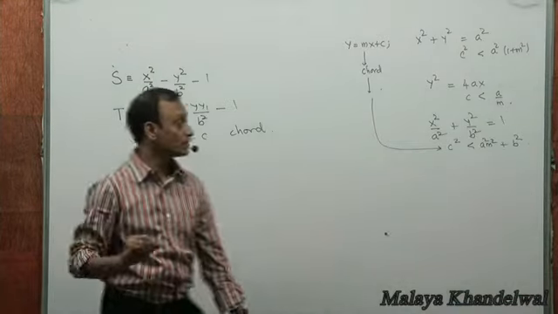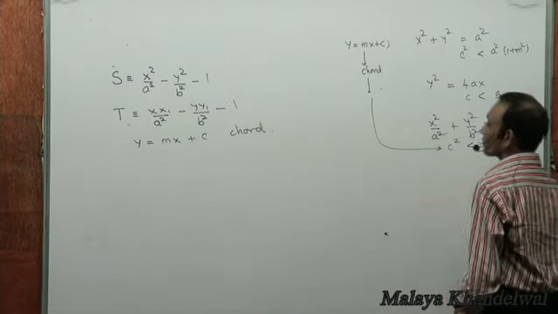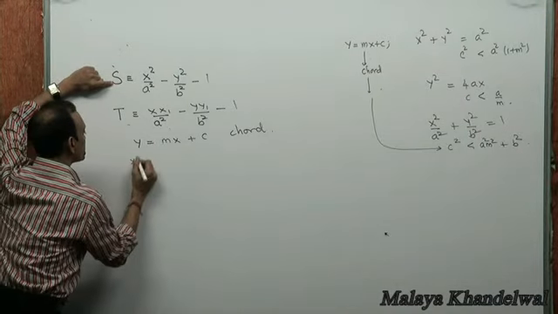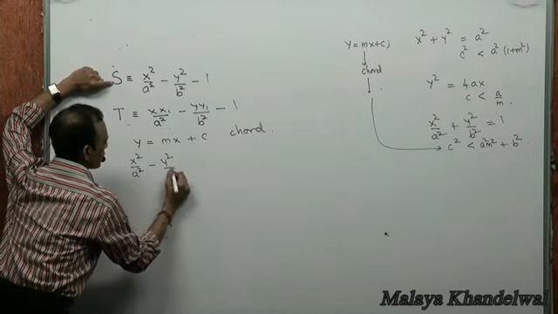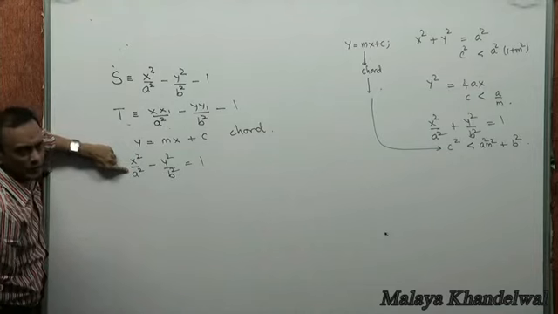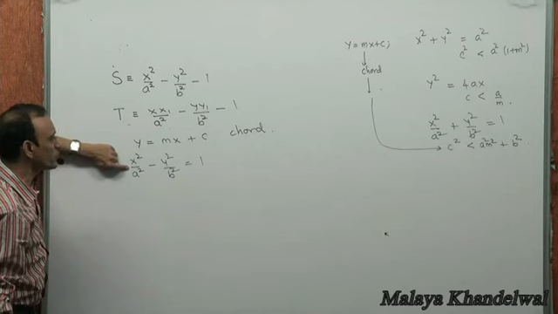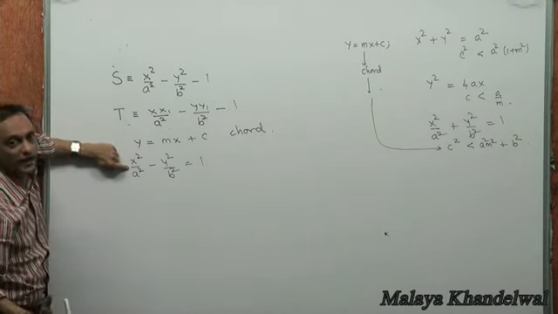In a hyperbola, things change a little bit. For this to be a chord, it must intersect the hyperbola at two distinct real points. When will this be a chord? If this intersects the hyperbola at two distinct real points, that means when I solve these two equations, I should get two distinct real roots.